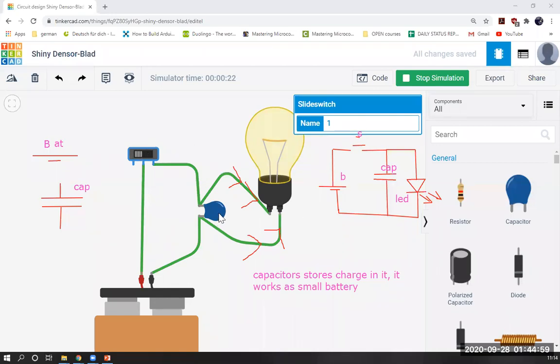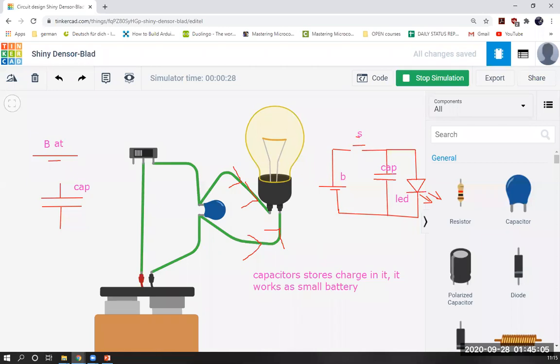Okay, so let's see what is the value of this. Actually, the value of capacitors is given in farad. Capacitors are measured in farad, denoted as F. Basically, we have given this a value of 0.5 farad.